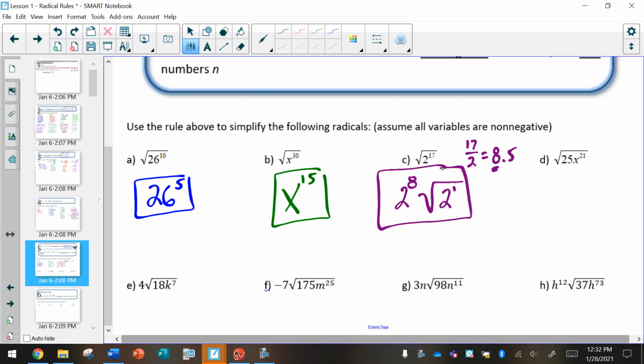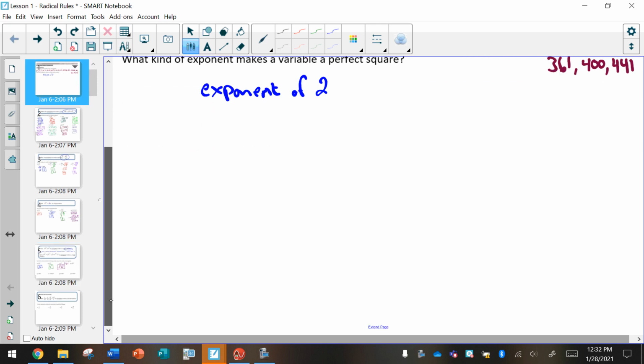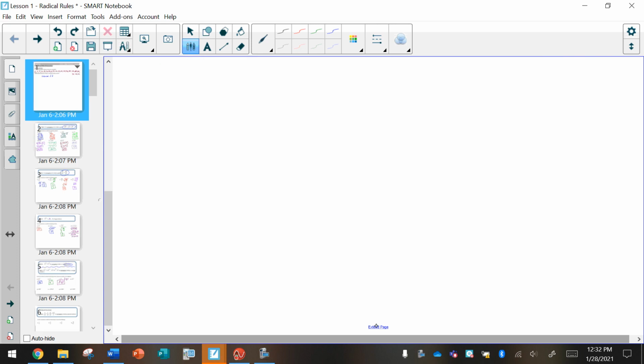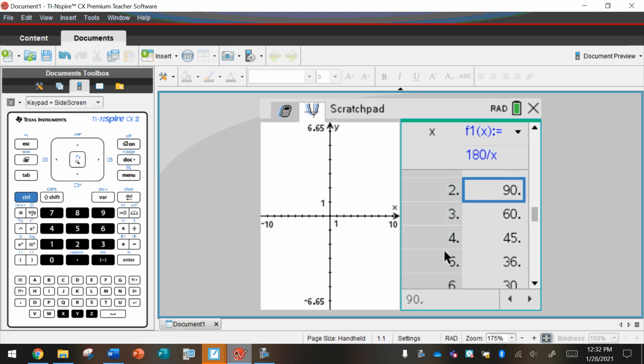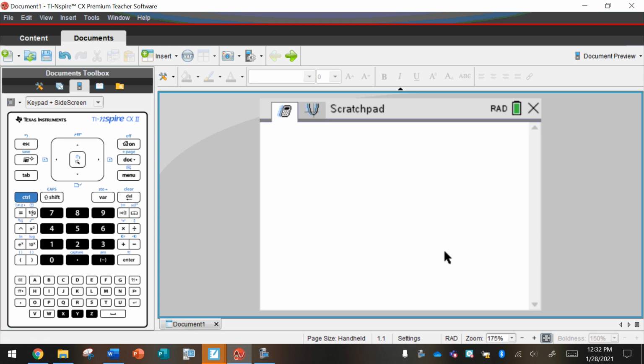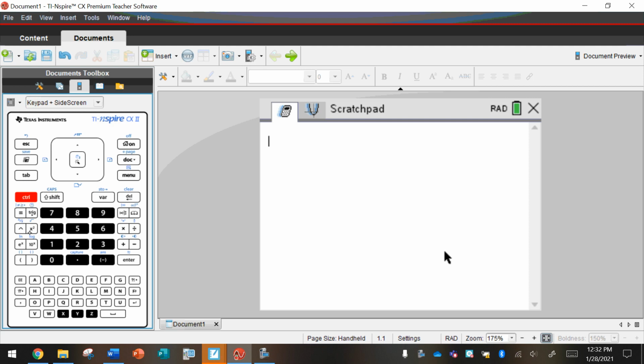Let me explain real quick, maybe this will help, why this 0.5 goes back into the radical. In math, this is something you'll do more in Algebra 2 next year, the square root can be written as an exponent, and it would be an exponent of 1/2. If I do the square root of 25, we know that I'm going to get 5.